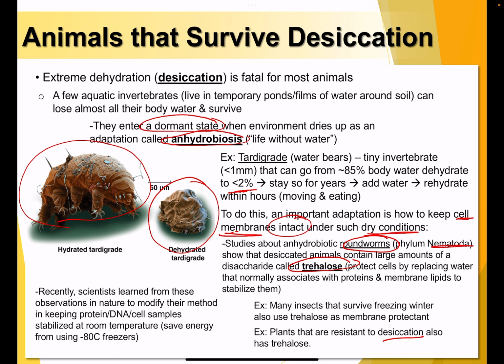So, back in the day when we're working with DNA, protein, or cell samples in a research lab or in any lab setting, you would have to keep those samples frozen because of the fact that they will degrade over time. But what if this trehalose can actually protect these macromolecules from degrading?